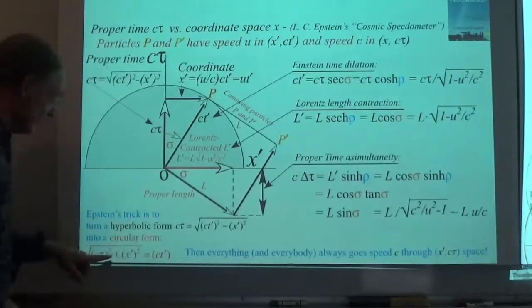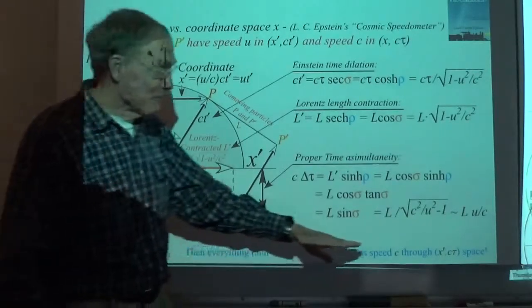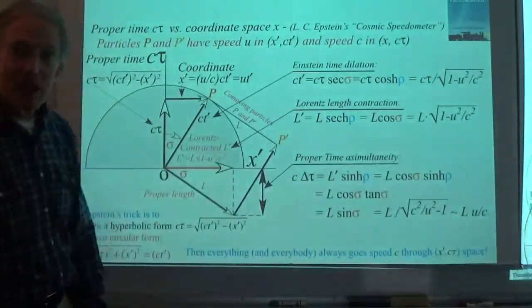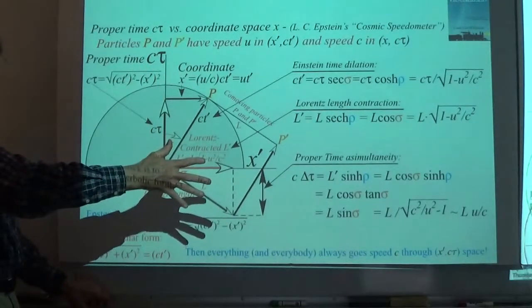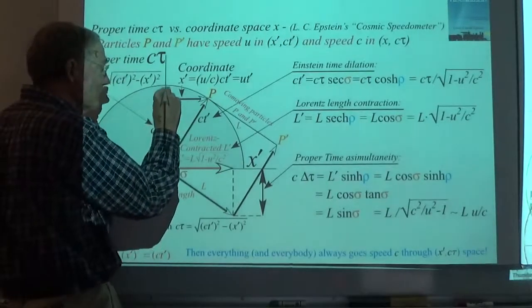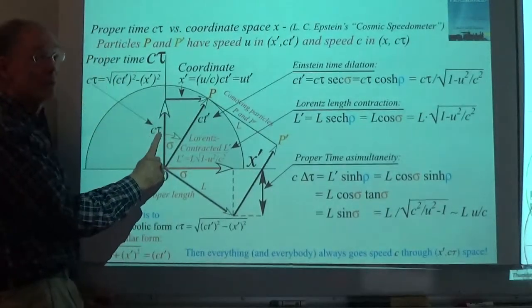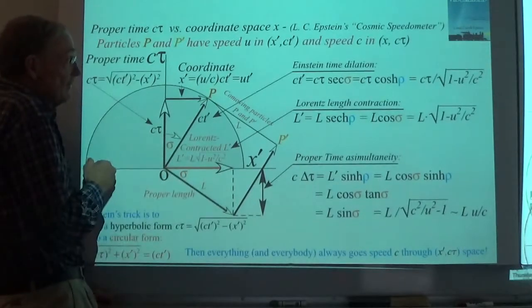And the idea is that according to this thing, everybody's going c. Everybody. Through this diagram. If you sit still, you just go c along this direction. c times proper time. And proper time is your time for this coordinate system.